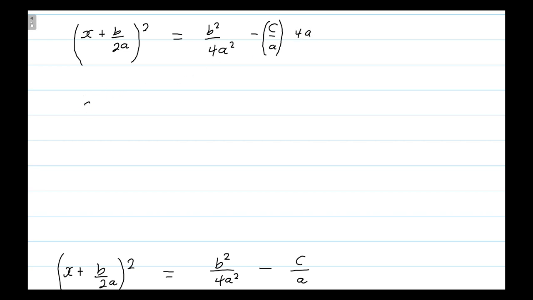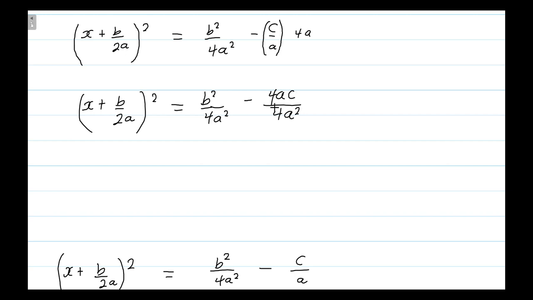So we have x plus b over 2a in brackets all square equals b square over 4a square minus 4a times c is 4ac divided by 4a times a is 4a square. We have two fractions with a common denominator.